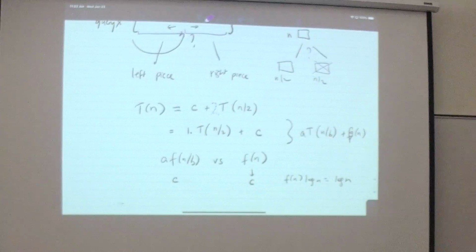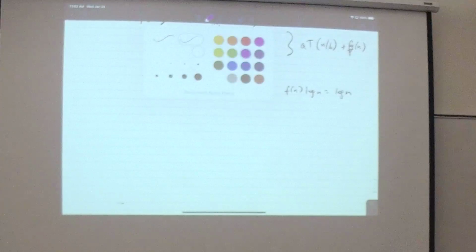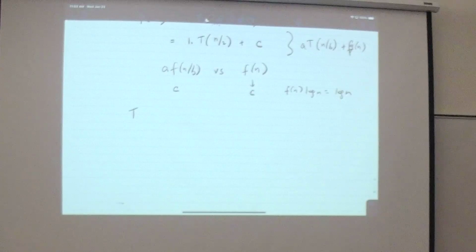So more generally, you can imagine that a recurrence that involves decimation looks something like this: an algorithm divides an input into parts of size n over b, and doesn't take b of them, which would be what you'd expect if you divide into parts of size n over b. Instead, it takes a of them, where a is less than b, plus f(n).